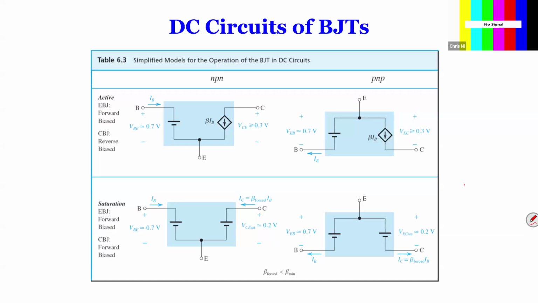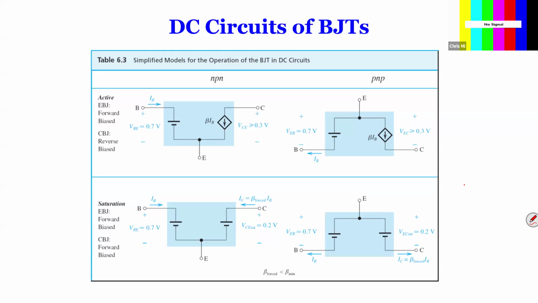This circuit is a DC operation that we use quite often moving forward. Of course, for PNP it changes a little bit. E moves up there, B is here and C is there, but the relation doesn't change. So VEC is larger than 0.3 volts and VEB is 0.7. If it is in saturation, then we have VBE also 0.7, but VCE is 0.2. For the PNP, VEB is 0.7 and VEC is 0.2.